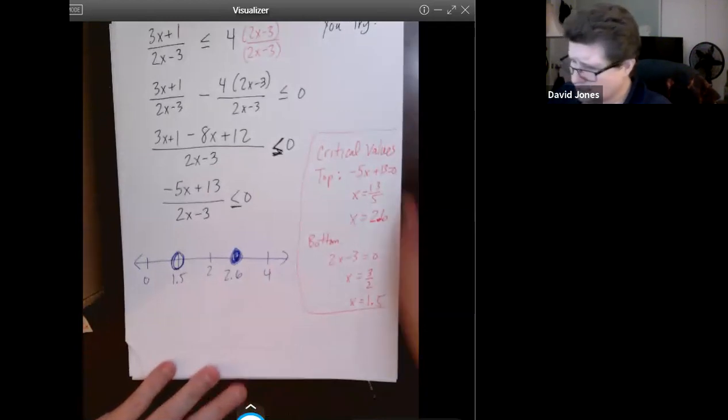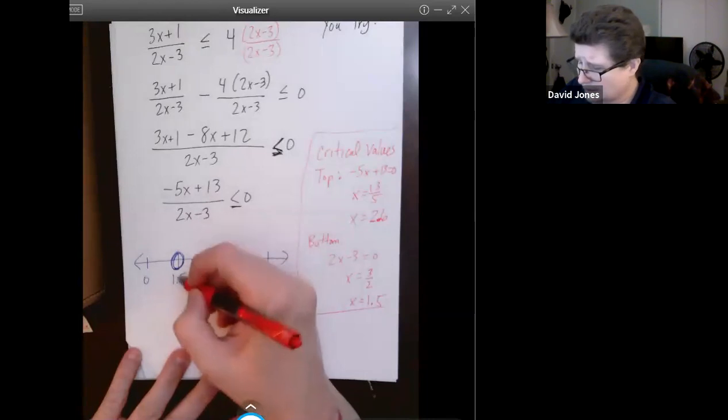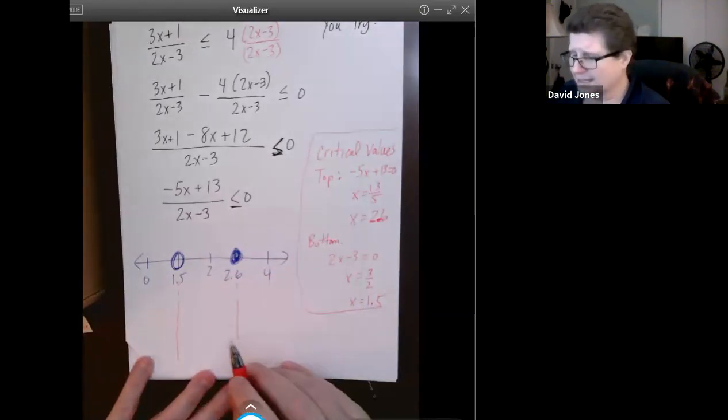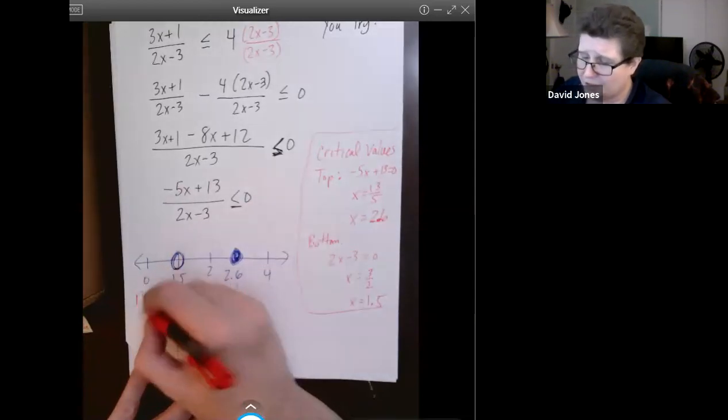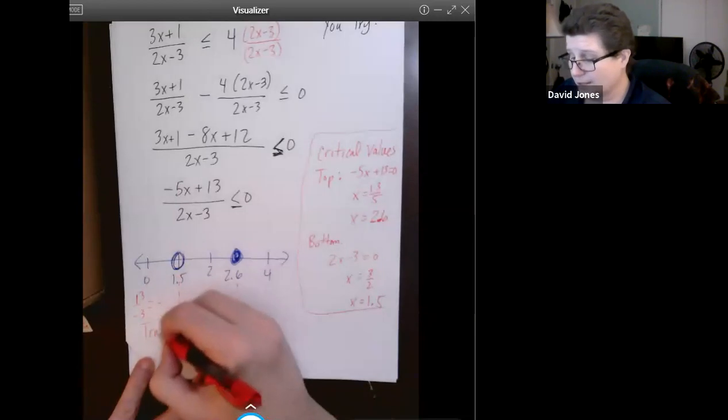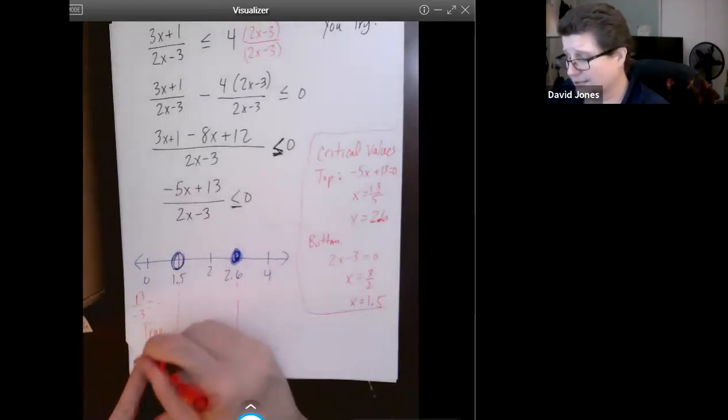And now let's test the regions. If I plug in 0, I've got 13 over negative 3 is negative. That's a true statement. Negative value is less than or equal to 0.